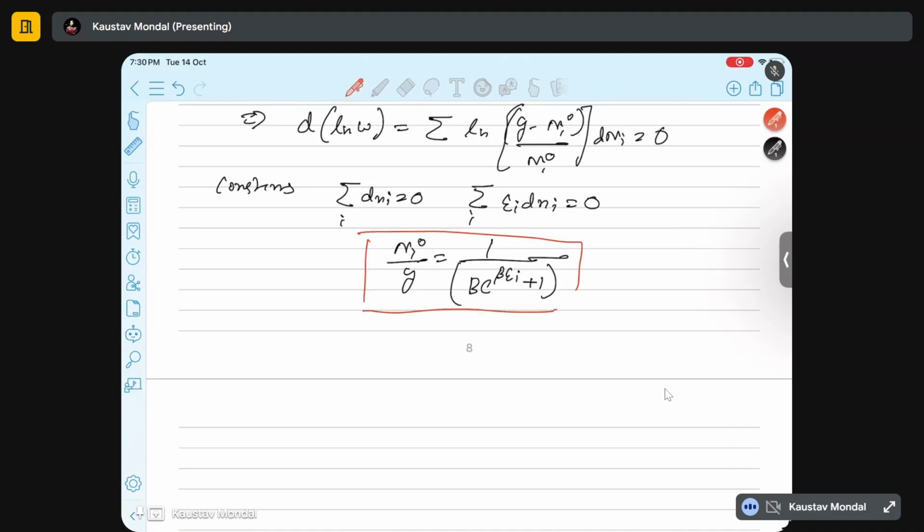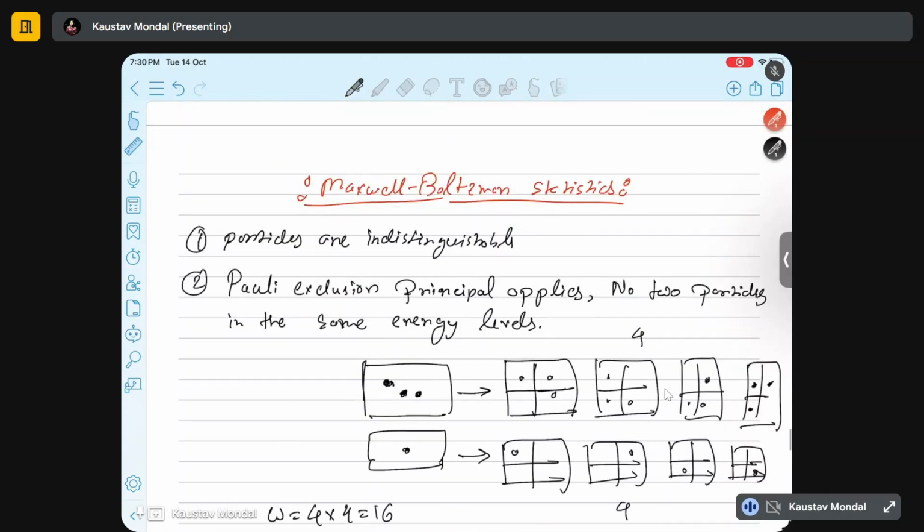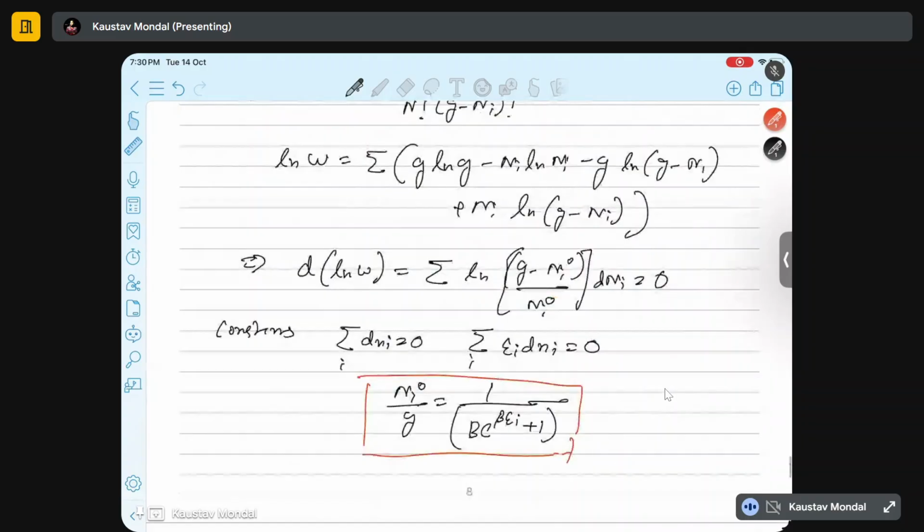So this would be the distribution for the Fermi-Dirac case. How the distribution looks like, that would give you the maximum configuration.